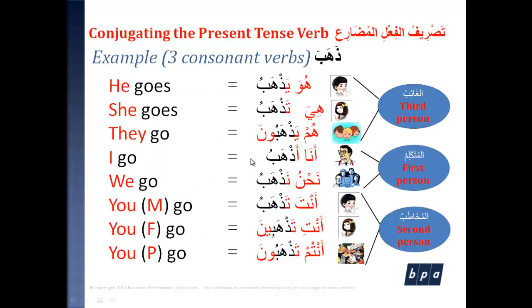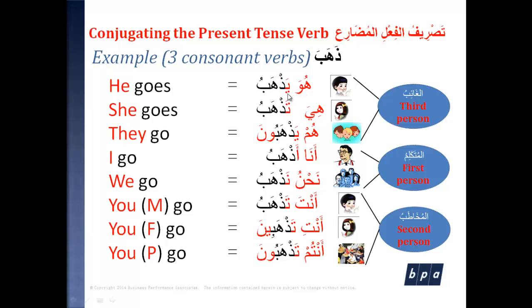Here's an example, the same verb that we conjugated in the past tense. We use dhahaba. Dhahaba is the simplest form of the verb. To make it with the pronoun huwa, or he, a present verb, we add a ya in the beginning and we change the accents.